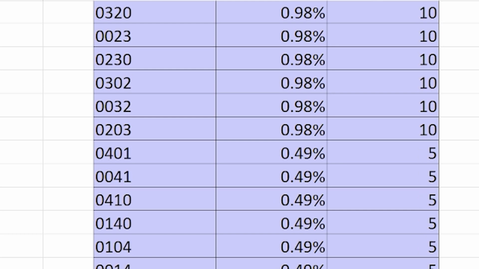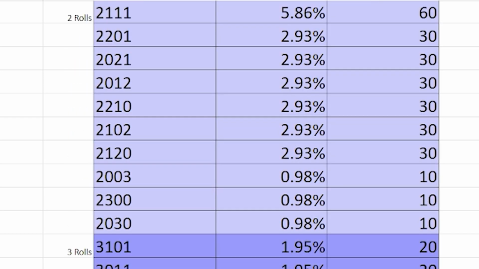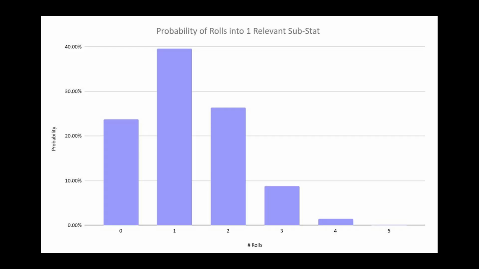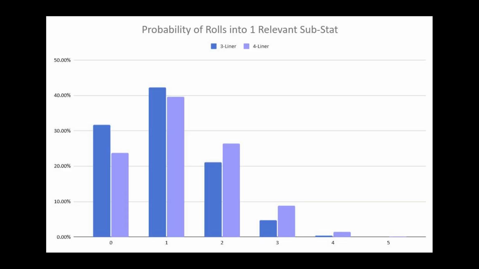Finally, we can sort the first column, our presumed relevant stat, and sum the relevant cases to get our probability. Plotting this as a probability density function, we can see that there are 243 ways to roll no upgrade rolls, 405 ways for 1 upgrade roll, and so on. Comparing this to the 3-liner results we obtained, we can see that a 4-liner will likely receive more rolls into the relevant substat compared to a 3-liner.